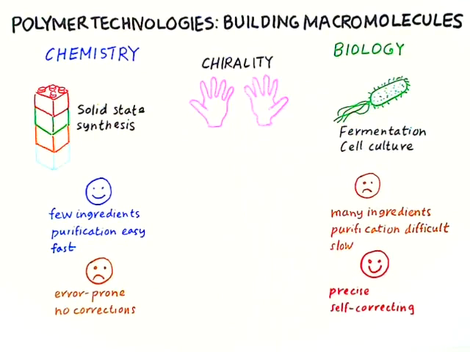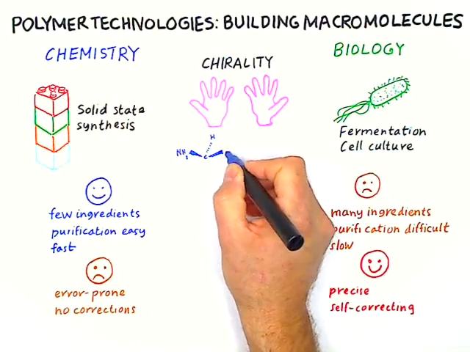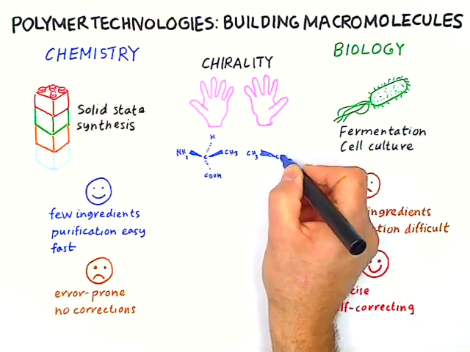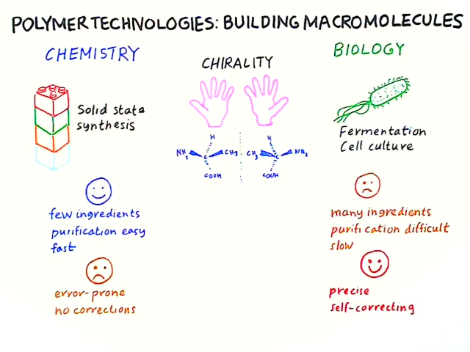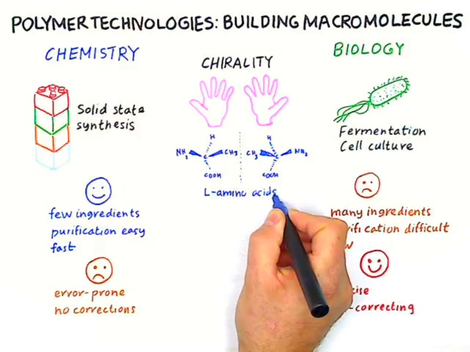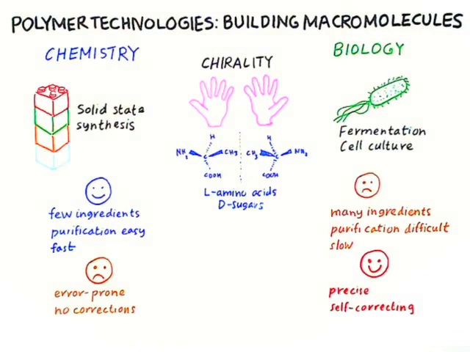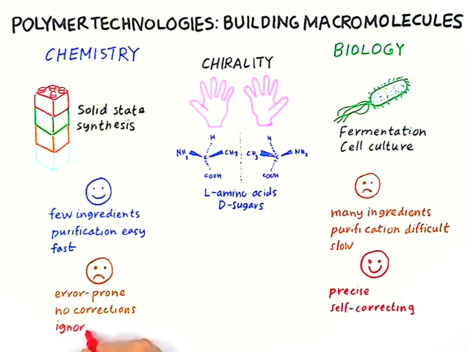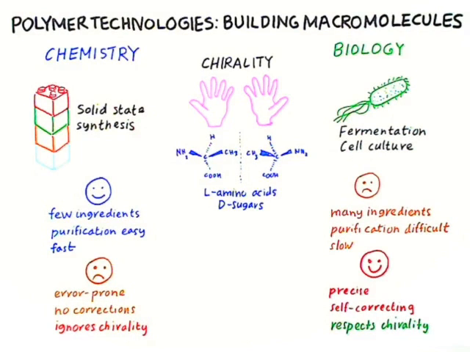Chirality exists in human hands, but also in amino acids, and only L amino acids are used by cells. It also exists in sugars, and only D sugars are used by cells. Well, chemical synthesis ignores chirality, but biological synthesis discriminates between L and D forms.